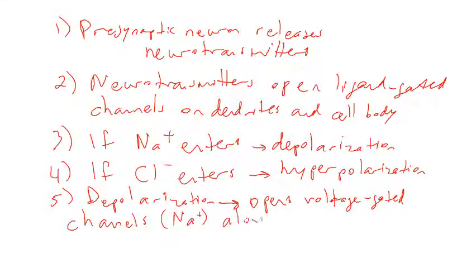And the first ones that open are the sodium ones. And this is just an action potential. So an action potential is just these positive charges moving down the axon.